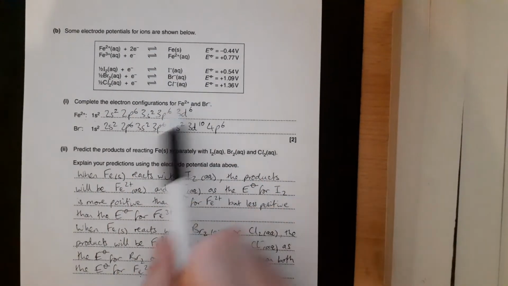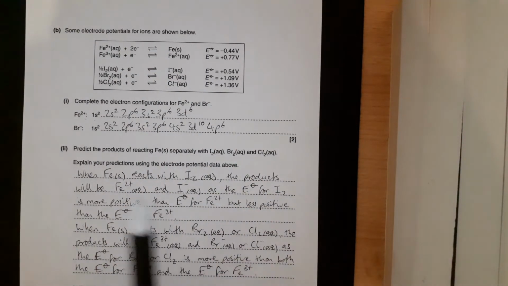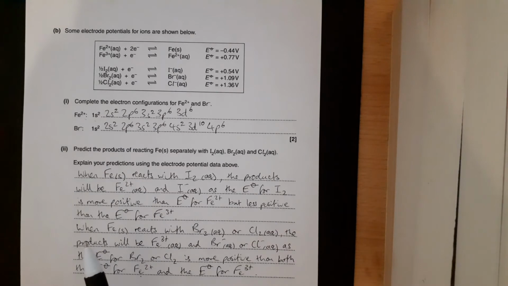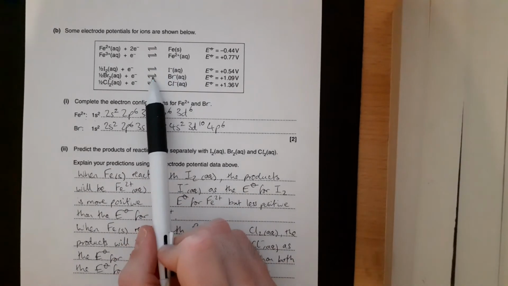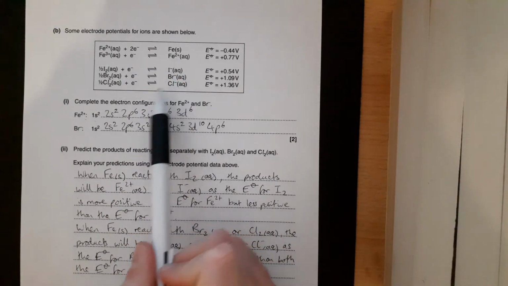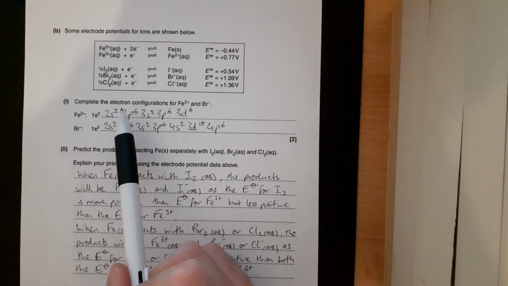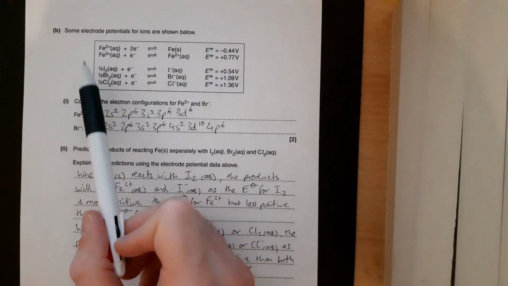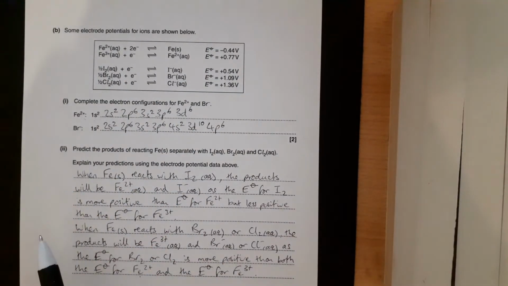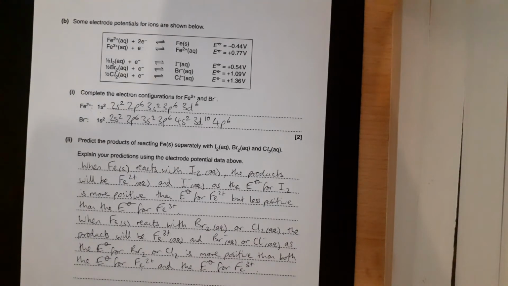There can sometimes be a whole string of different electrode potentials, and this might be part D of a question or something. But watch out for, if you've got 2 electrode potentials involving the same element, that they will sometimes want you to say, it will do this, and it will then also do that as well. That is definitely something worth watching out for, because it's the kind of thing that they do like to put into the exam.